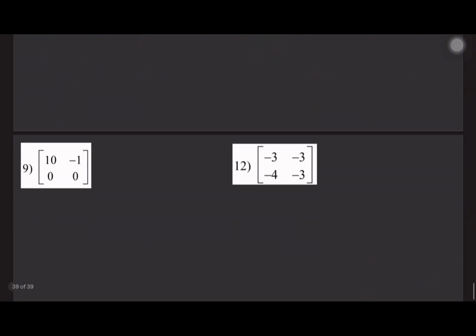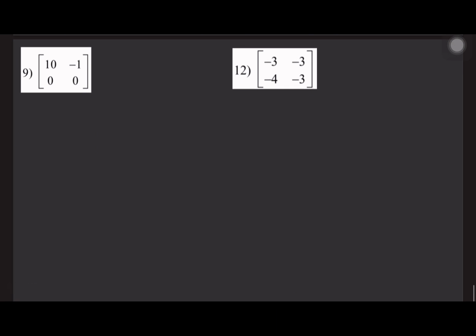Then finally, we want to solve for the inverse of matrices. Let's call the matrix D. How do we solve?